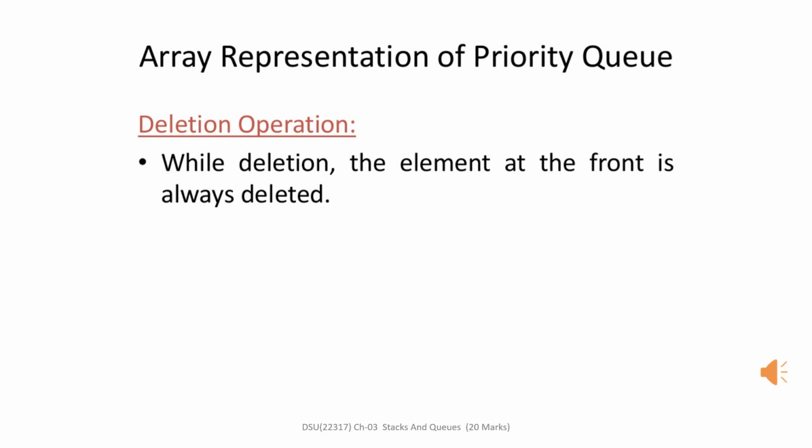Deletion operation. While deletion, the element at the front is always deleted. While inserting, we insert as per their priority, but while deleting, we always delete the element at the front. Means there is no priority for deleting the element from the priority queue.